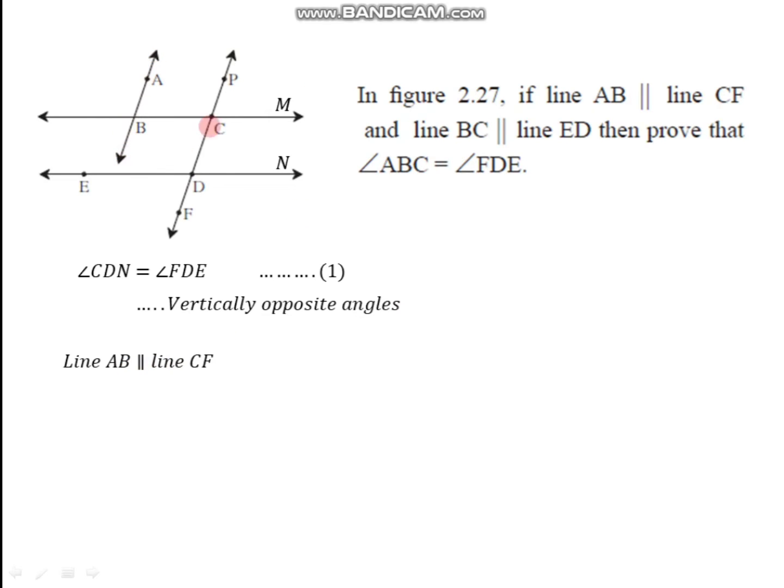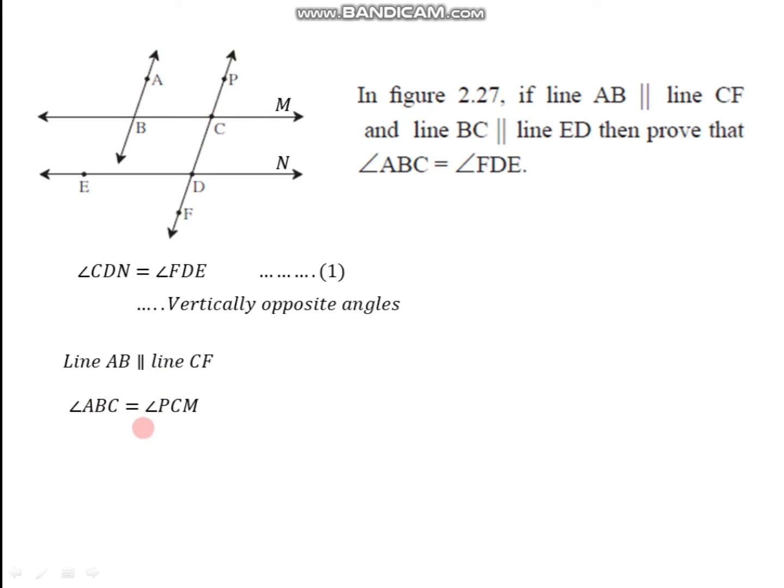If line AB is parallel to line CF, and if we consider line BC as their transversal, then we get two angles, angle ABC and angle PCM. These two are corresponding angles, so they must be congruent.